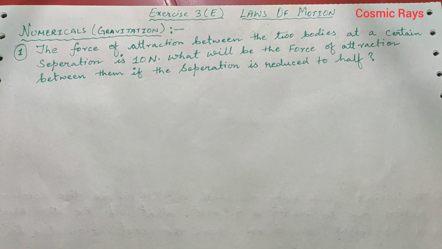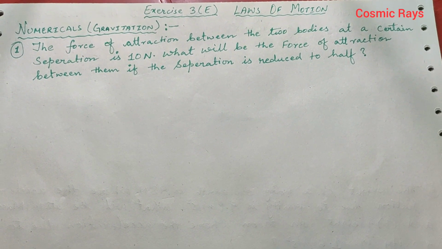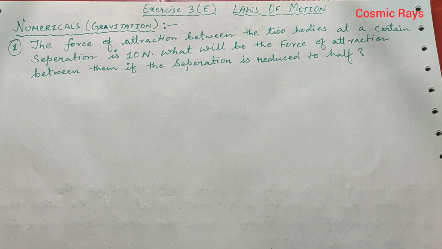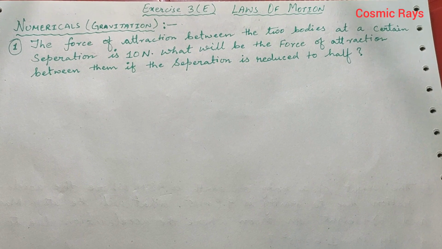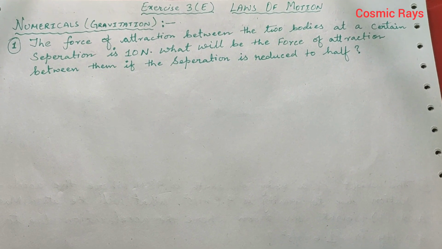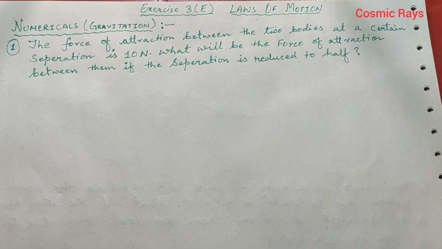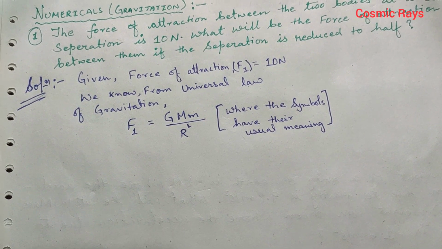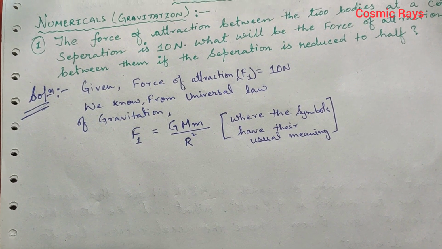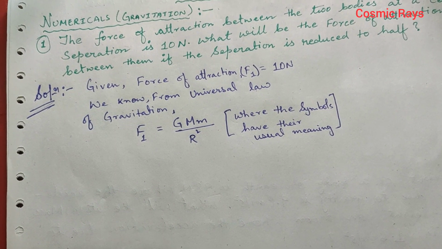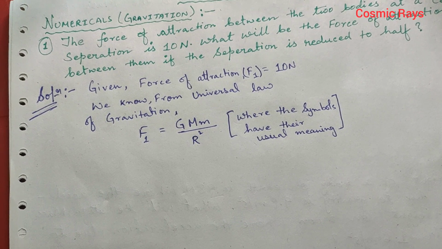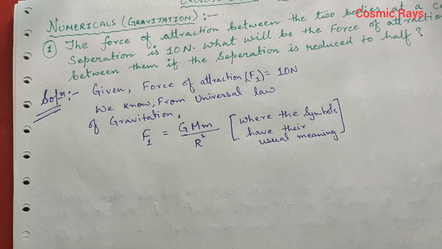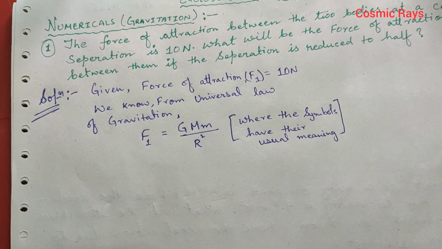Now in this numerical, we will be using the universal law of gravitation. So first we write the given things and then the equation for the universal gravitational law. So we have written the given things, that is the force of attraction, and we assume it to be F1 is equal to 10 Newton, and we know from the universal law of gravitation that F is equal to GMm upon r square, where F is the force of attraction between two bodies.